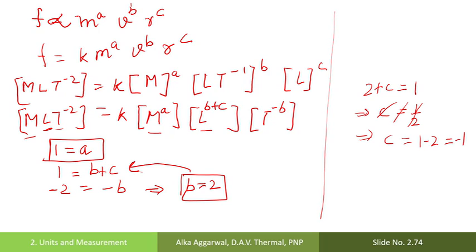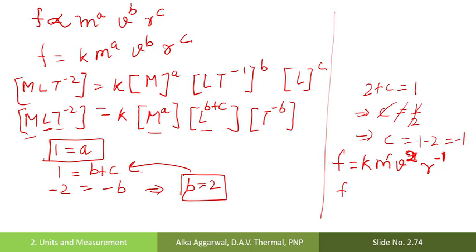So the formula for the centripetal force is k m to the power a, v to the power b, that is v squared, and r to the power c, that is minus 1.